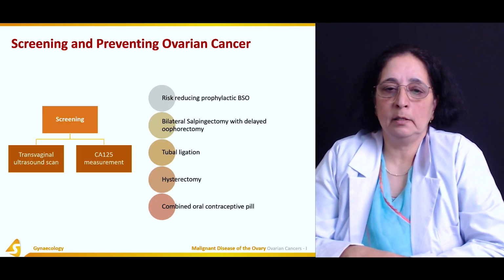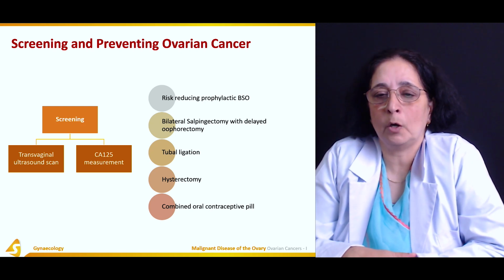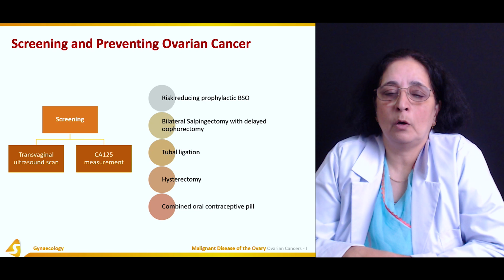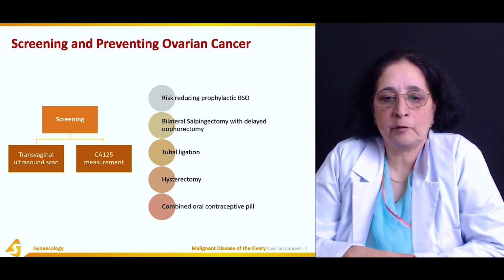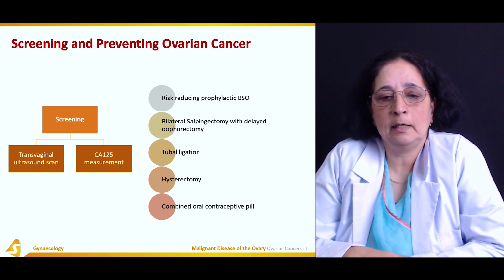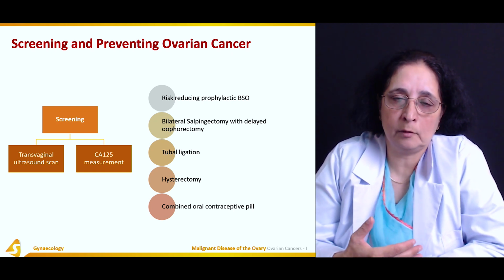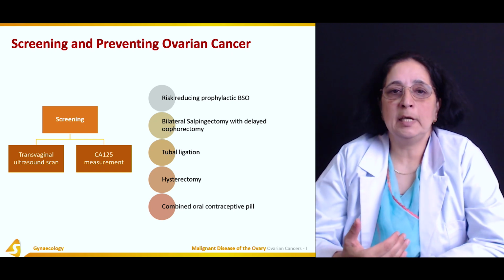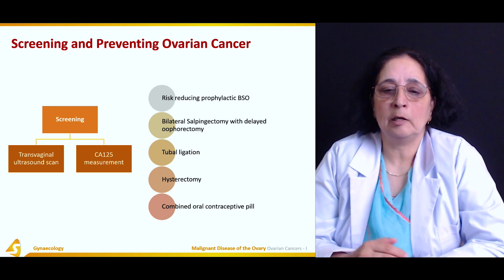Now, what are the screening and prevention methods for ovarian cancer? How can we prevent or screen for ovarian cancer? Screening is mainly by transvaginal ultrasound. Sometimes, on routine or as a normal part of the screening test, it is diagnosed on transvaginal ultrasound.